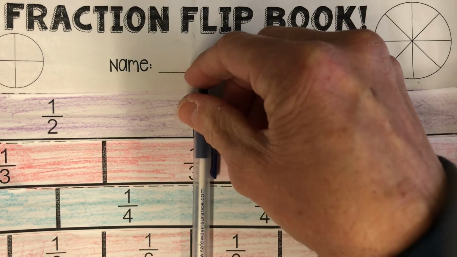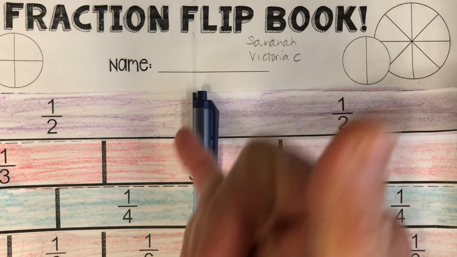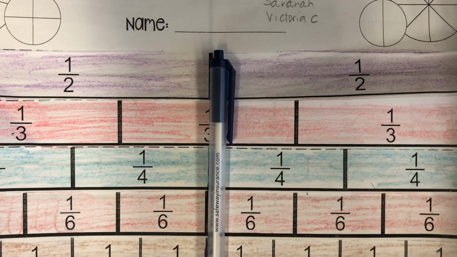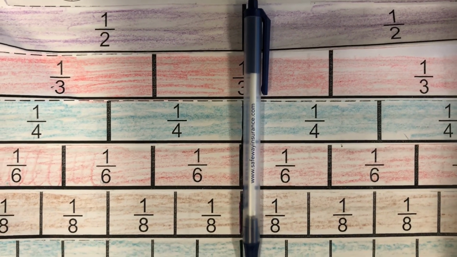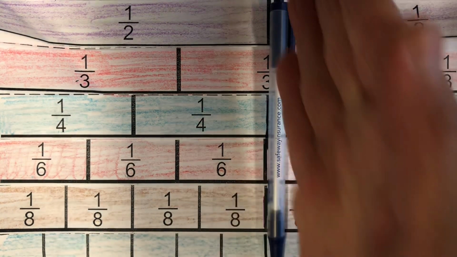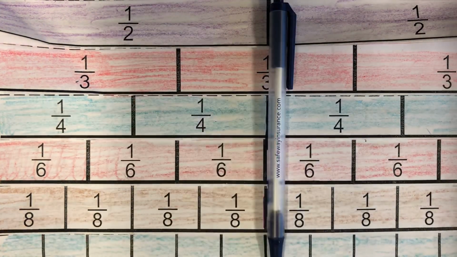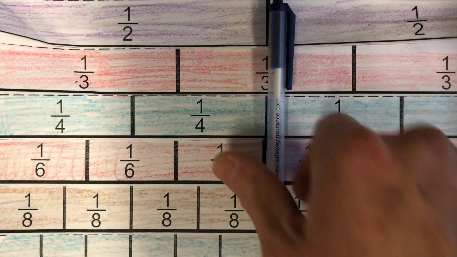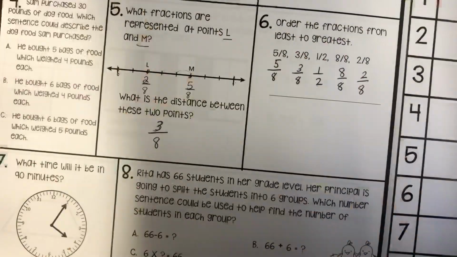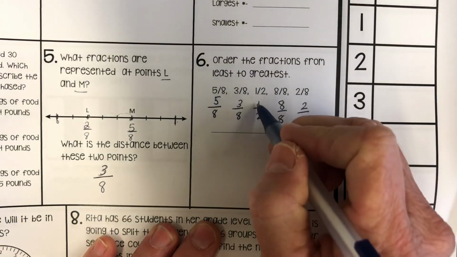This is 1/2, so put your pencil along the 1/2 mark. And how many 8s are in 1/2? 1, 2, 3, 4. So 4 8s is the same as 1/2, okay? Which makes sense because 4 out of 8 is half. So we're going to change this fraction right here to 4 8s.